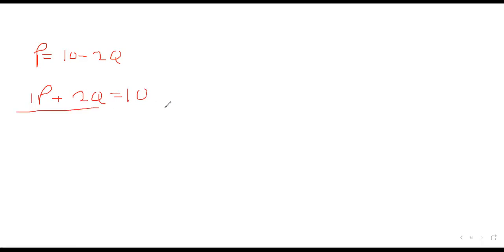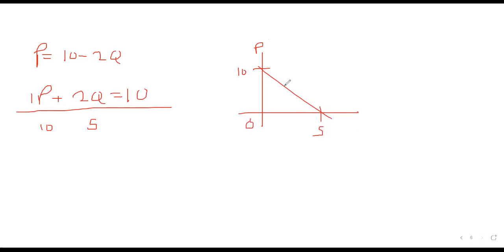Before the Q, there's a visible 2. So 1 into 10, we get 10. 2 into 10, we get 5. So when we calculate that, it will cut here at 10 on the P, and it will cut here at 5 on the Q. So this is what we call our demand function. It is simply given by P is equal to 10 minus 2Q.